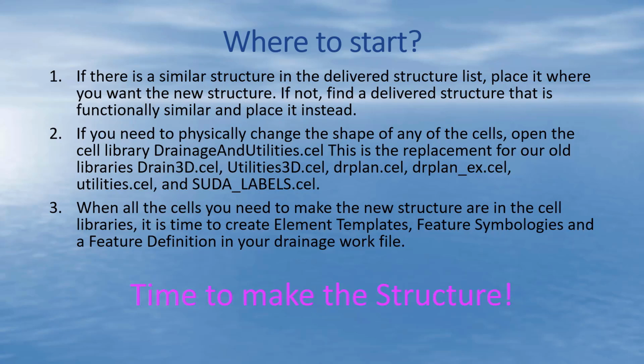The next step is, if you need to physically change the shape of any of the cells, that includes 2D, 3D top, or 3D bottom, open the cell library drainage and utilities.cell.